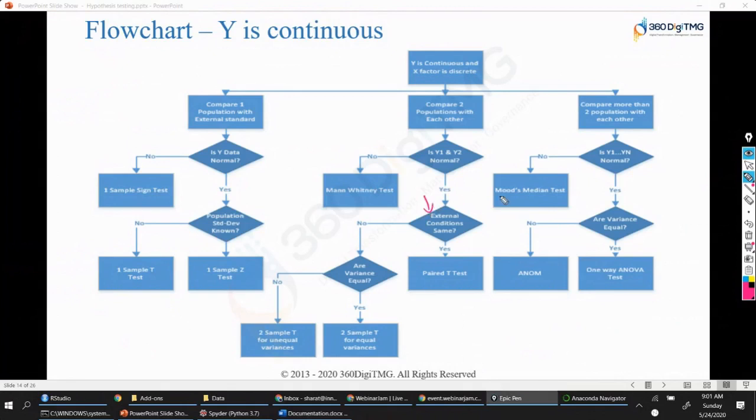Are the external conditions the same here? So we are taking 10 students, or 10 volunteers, and then we tested them with drug A, and we recorded the sleep time. Now the same set of 10 volunteers were tested with drug B. Underlying, my sample is not changing, right?